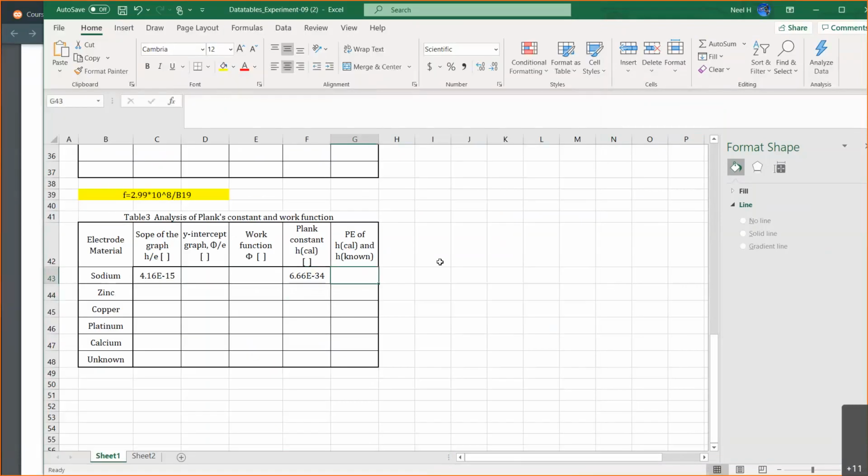Let's do the percentage error. Equal sign ABS parentheses. That 10 to the 34 value cancels out, right?